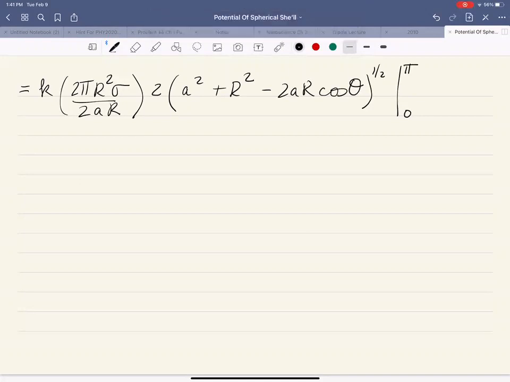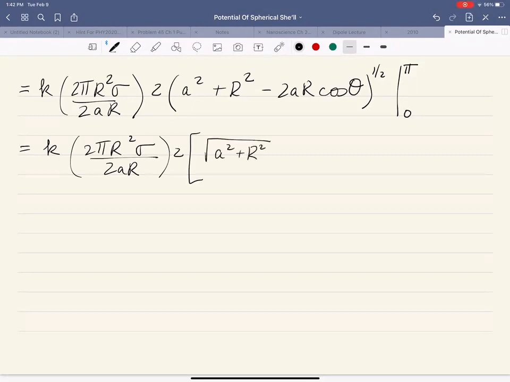All right, so when I plug in for this, the cosine of pi is going to be -1. And so that means that I end up with this value, okay, here, 2 pi R squared sigma over 2aR, and then I have a 2, okay? And then I have here the square root of a squared plus R squared plus 2aR, right? And then for the second one, cosine of 0 is 1.